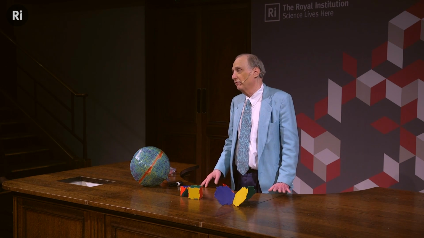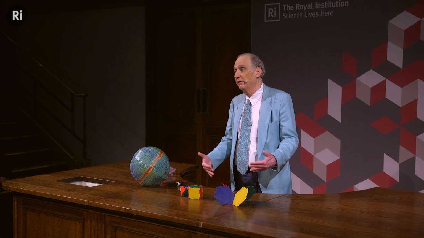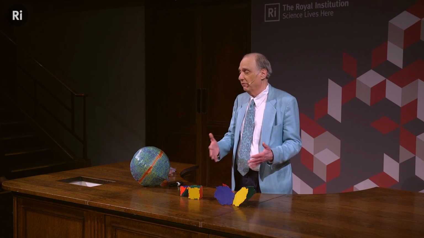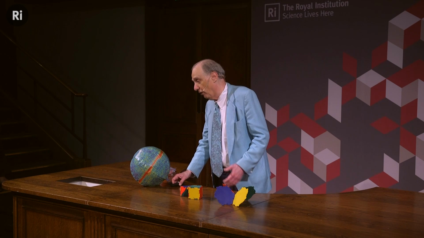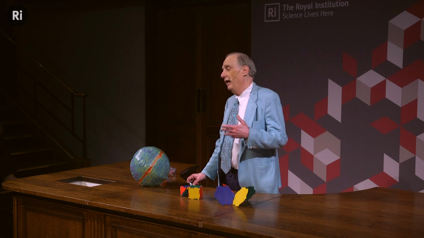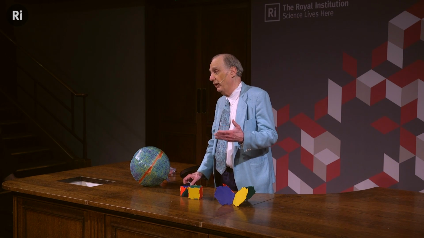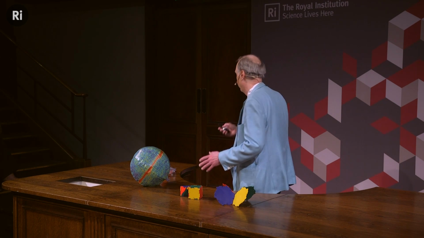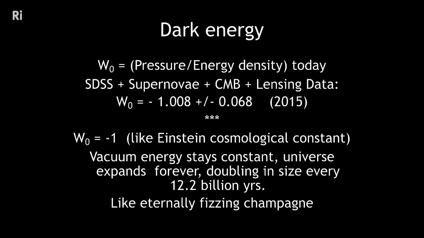It's not a constant for all time, but it's something that can actually vary through the history of the universe as the physics changes. In the early universe, we expect that some of the forces were united and that therefore we had a high vacuum energy. We have a low vacuum energy today. So if this stays minus 1, the vacuum energy in the universe is going to stay constant.